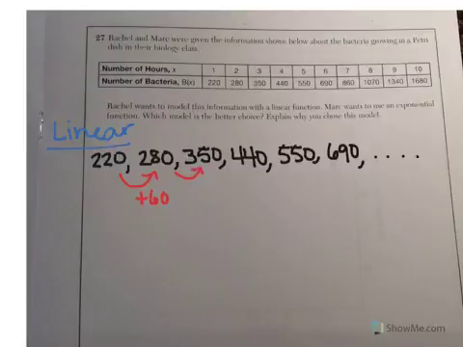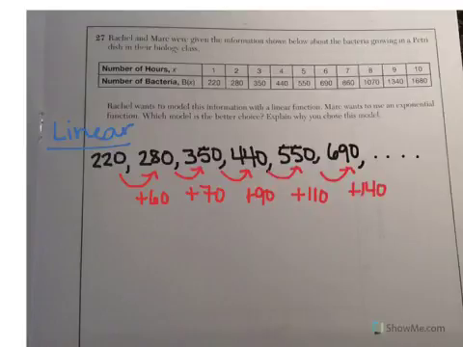From 280 to 350, I'm going to have to add 70. From 350 to 440, I'm going to add 90. From 440 to 550, I'm adding 110. And from 550 to 690, I'm adding 140.